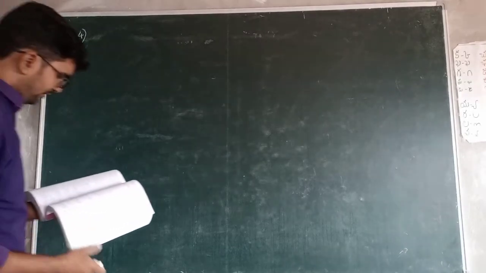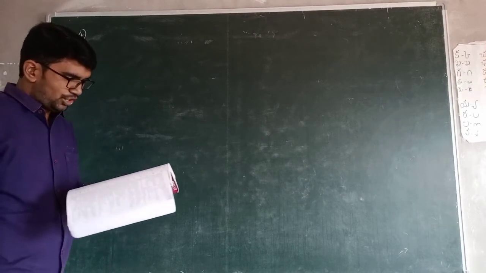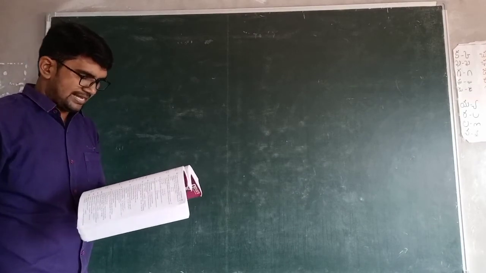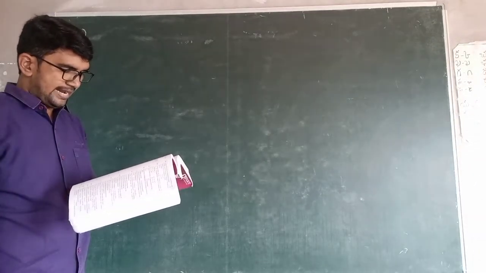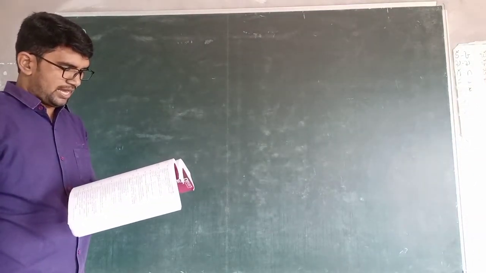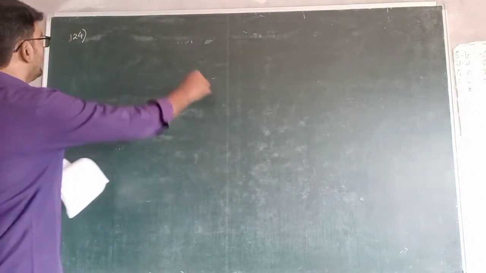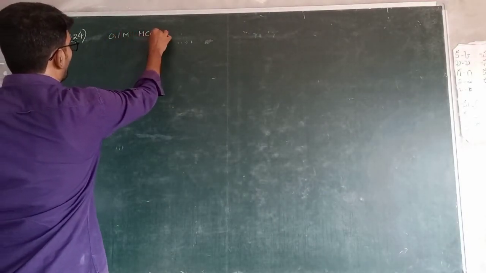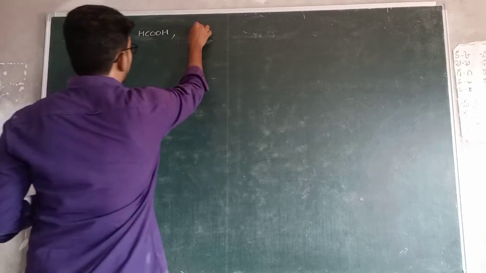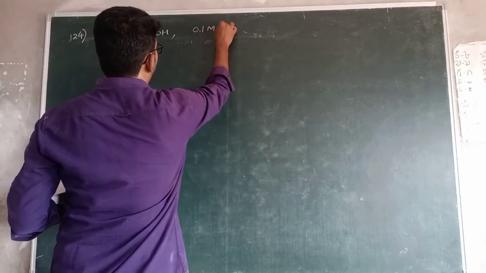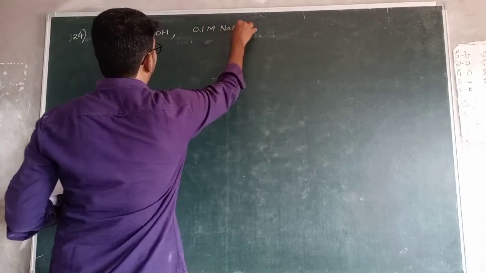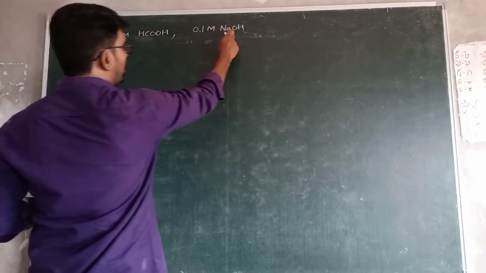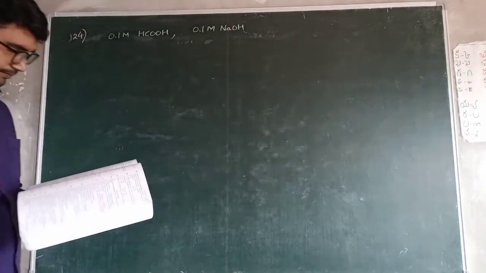Next one, number 124. 0.1 molarity formic acid is titrated against 0.1 molarity NaOH. 0.1 molarity formic acid means HCOOH, and it is titrated with 0.1 molarity NaOH. Weak acid to strong base. Very clear.